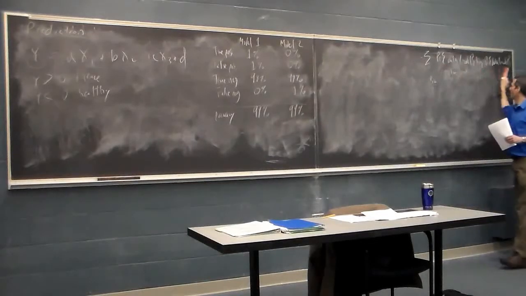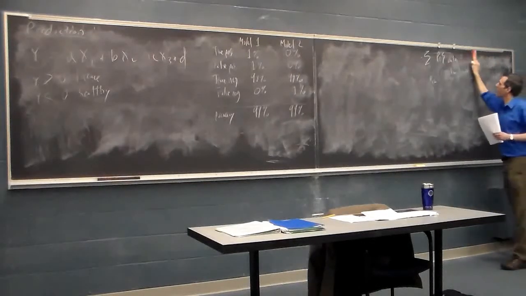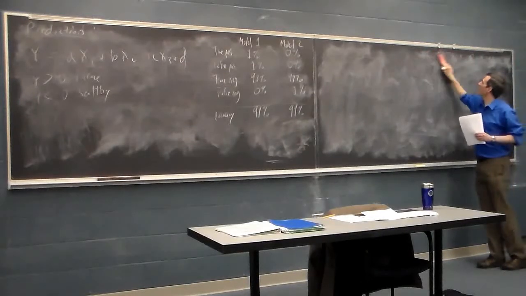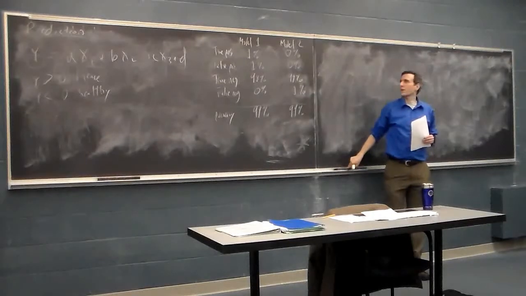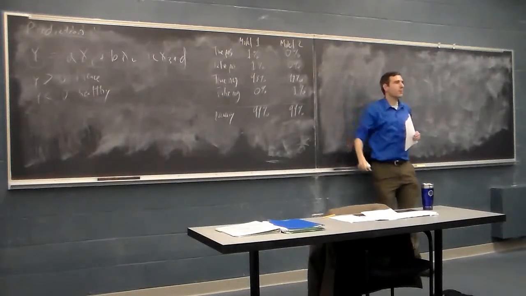Now there can actually be some cases where model 2 is the better model for this kind of system. Can anyone think of how that might be the case? What could be a situation where we actually prefer model 2?